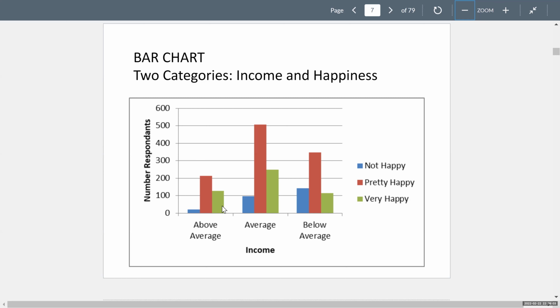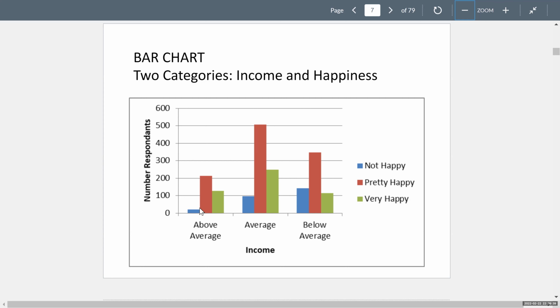So our overall pattern that we can see, we want to compare happiness across these income levels. And so we sort of clustered together these happiness levels. And we actually see about the same pattern for each of these groups, that the most individuals, whether the income is high, low, or average, most individuals are pretty happy. However, we see a little different pattern when we look at the very happy relative to the not happy, right?